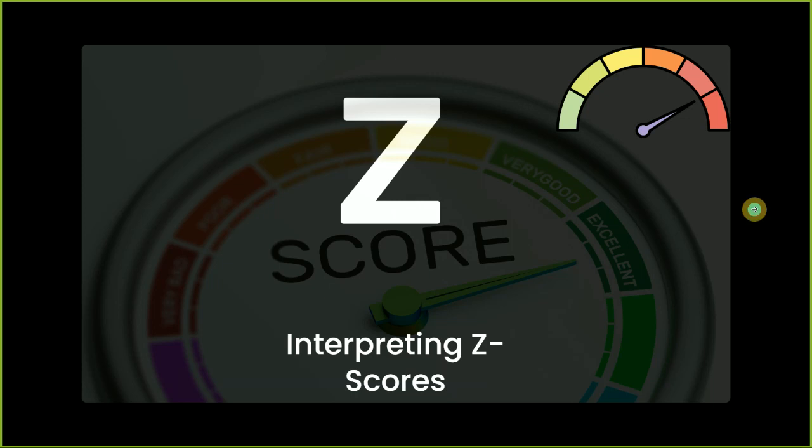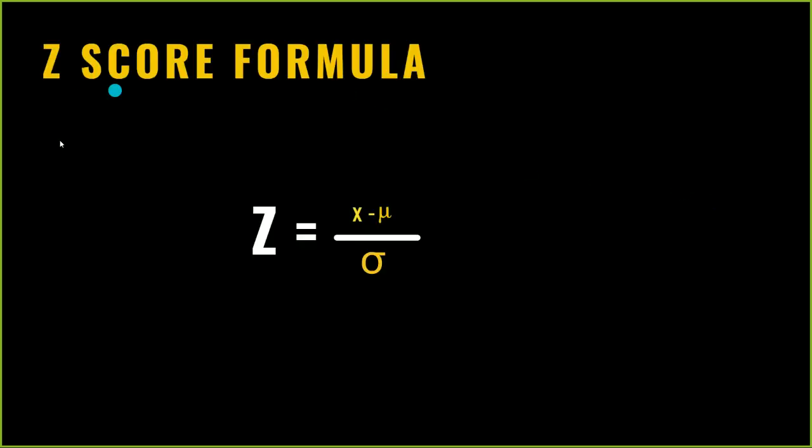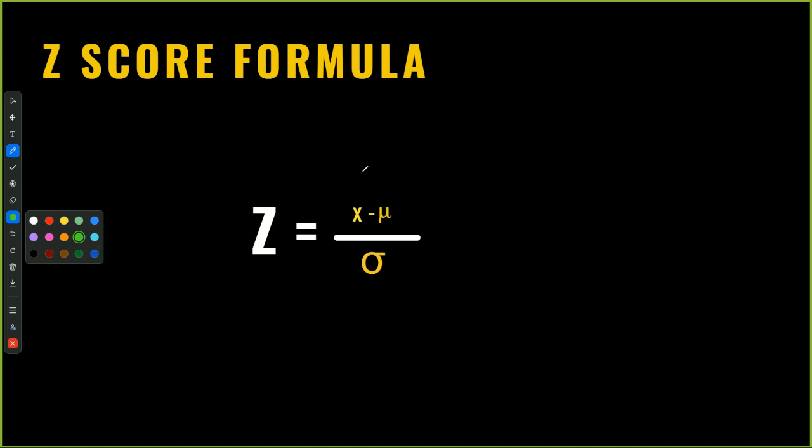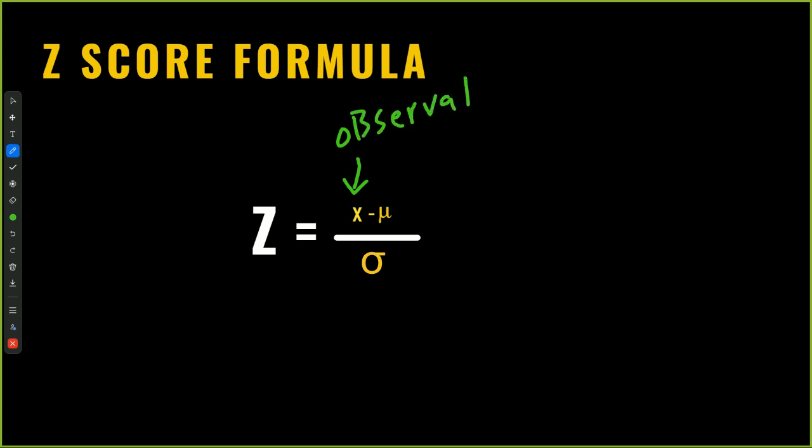Now, when we interpret z-scores, I want you to keep in mind this formula. You have z equals x minus mu. This, ladies and gentlemen, is always going to be your observation. This is always going to be your comparison analysis, or we'll say your average, a sample data.